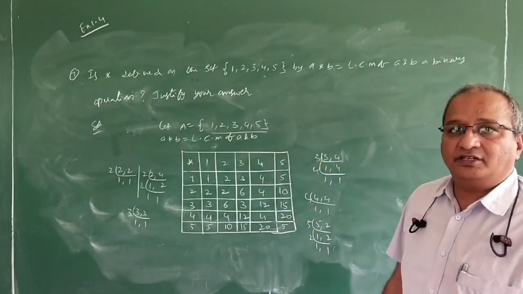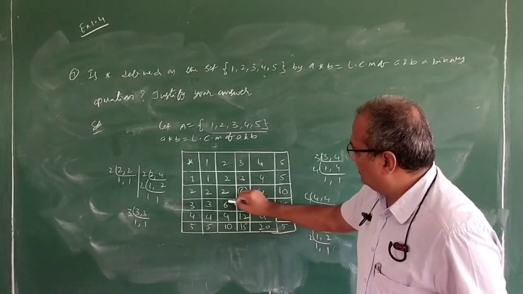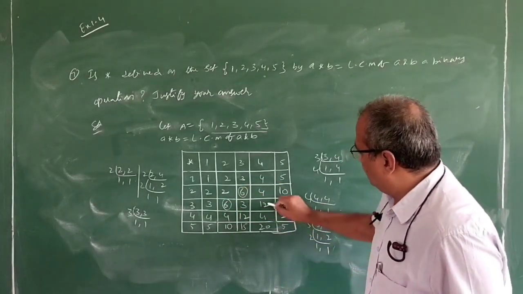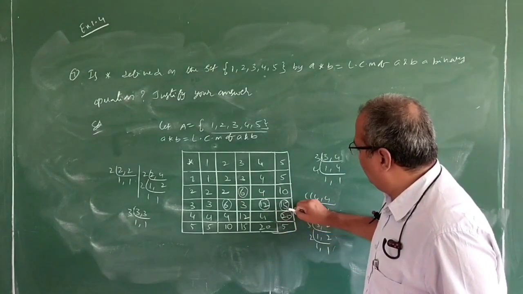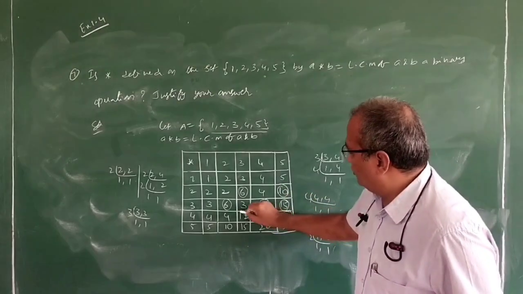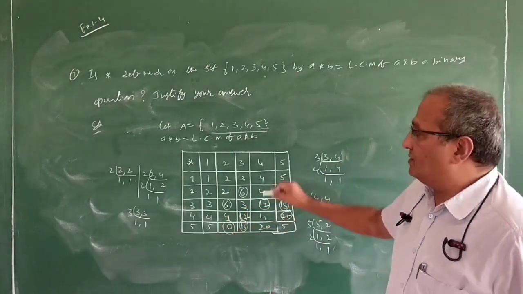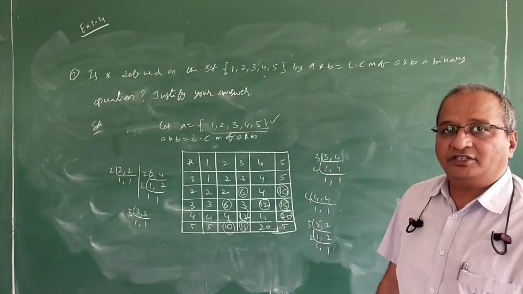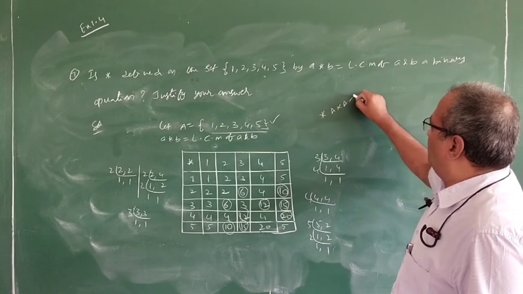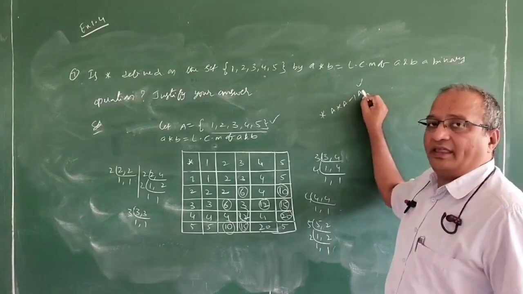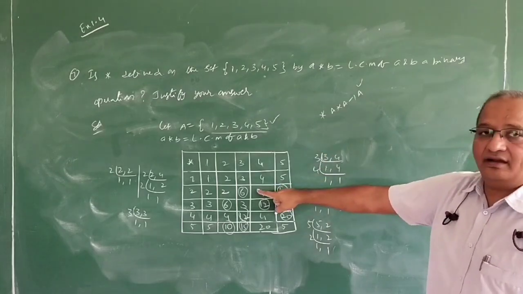In this one, 6, 12, 15, 20, 10, 12, 15, 10. All these are not elements of set A. For a binary operation, star A cross A to A, we have to get elements of A only. But here we get elements other than A also.